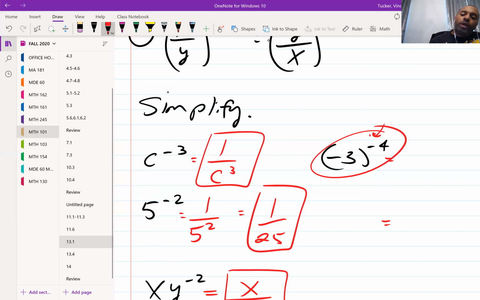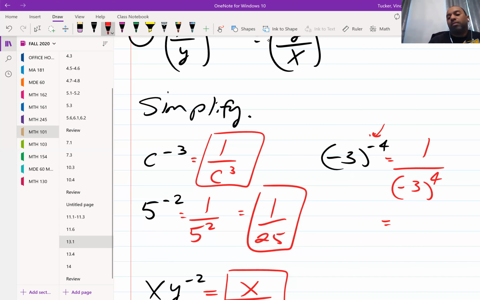All right, over here we have 1 over negative 3 to the negative fourth power. So those negatives have nothing to do with each other. The first thing you would do is bring your negative 3 to the fourth power down bottom, so you can have a positive exponent. And then negative 3 to the fourth power is negative 3 times negative 3 times negative 3 times negative 3.